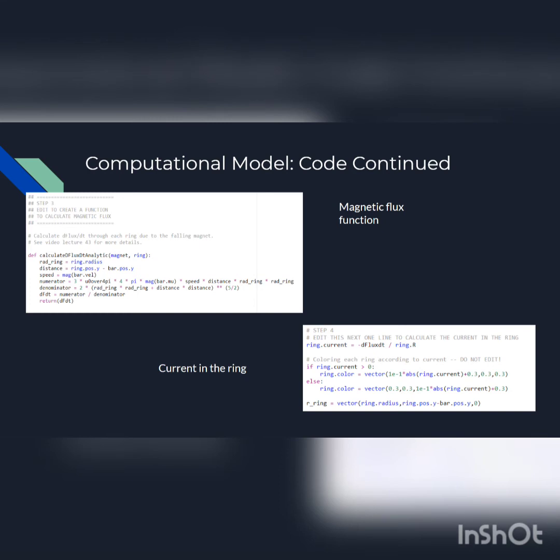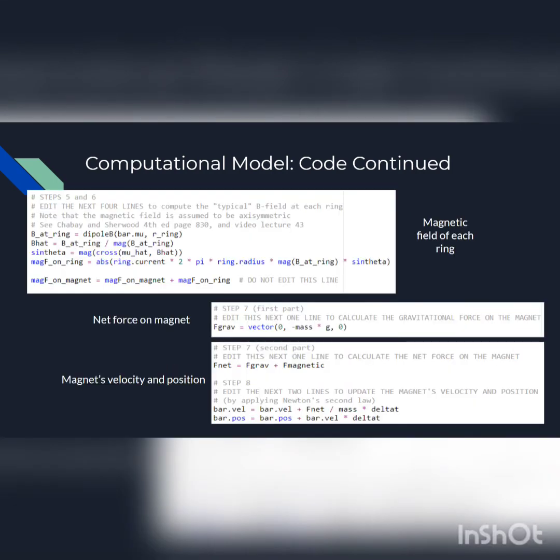In step 3, I calculated the magnetic flux function, and for step 4, I calculated the current in the ring. For steps 5 and 6, I found the magnetic field at each ring. And then in steps 7 and 8, I dealt with the magnet itself. This included the net force on the magnet exerted by the system, as well as the magnet's velocity and position.